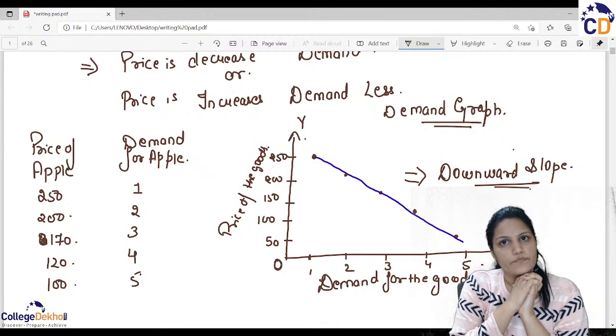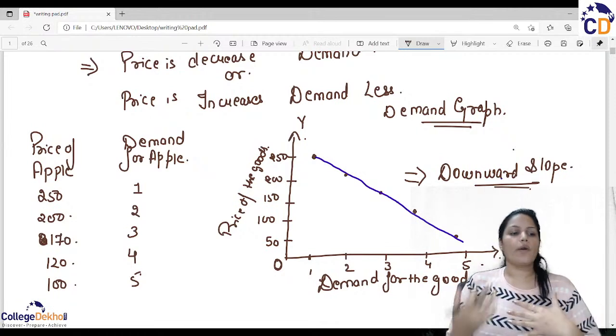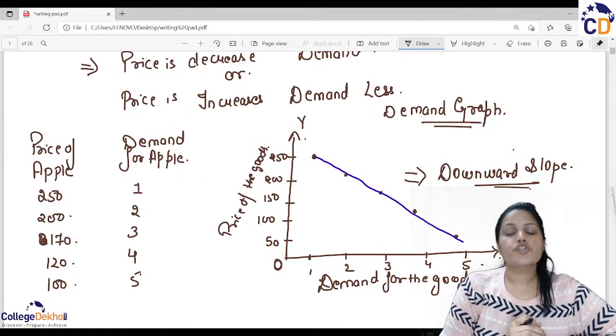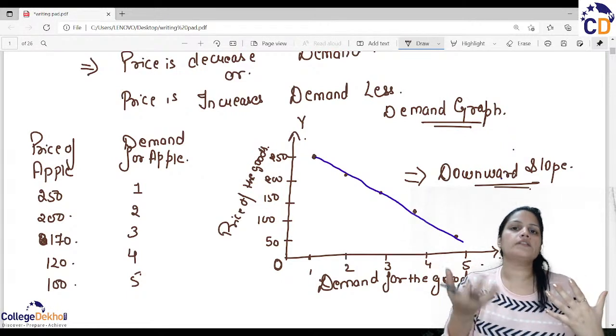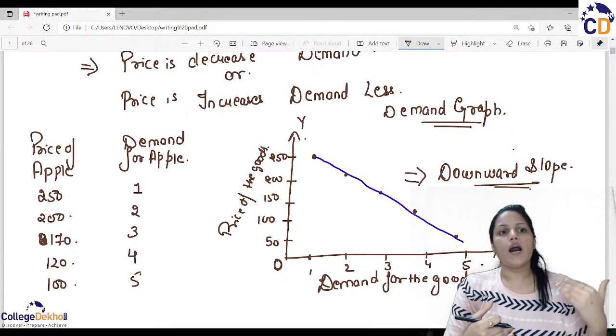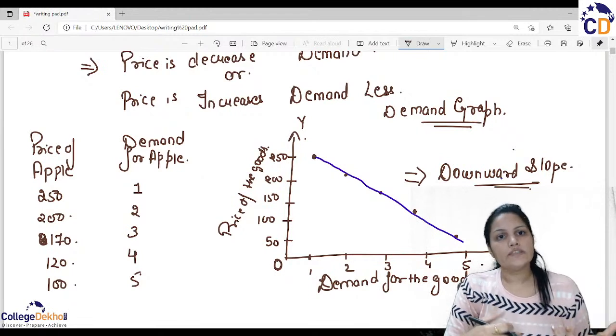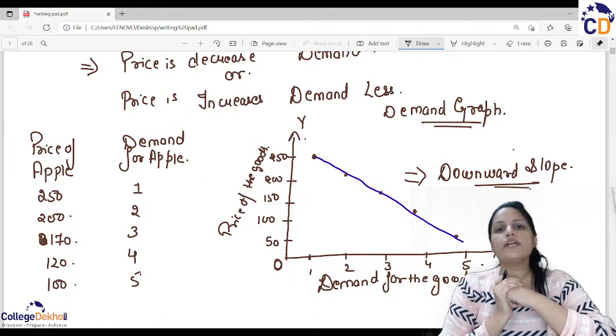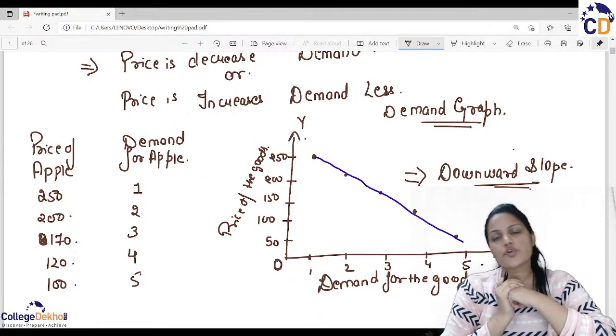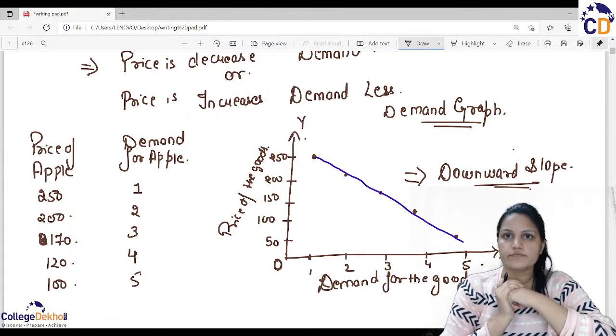Price and quantity demanded show an inverse relationship. If one goes up, the other goes down. If price goes down, demand goes up. So the graph would be shown as a downward slope.